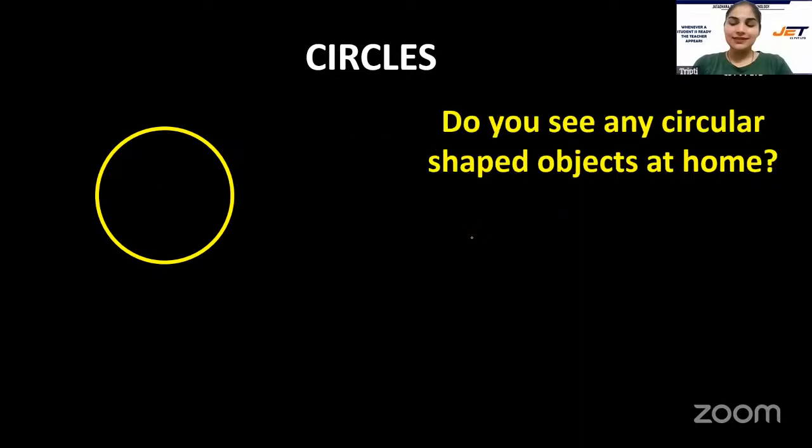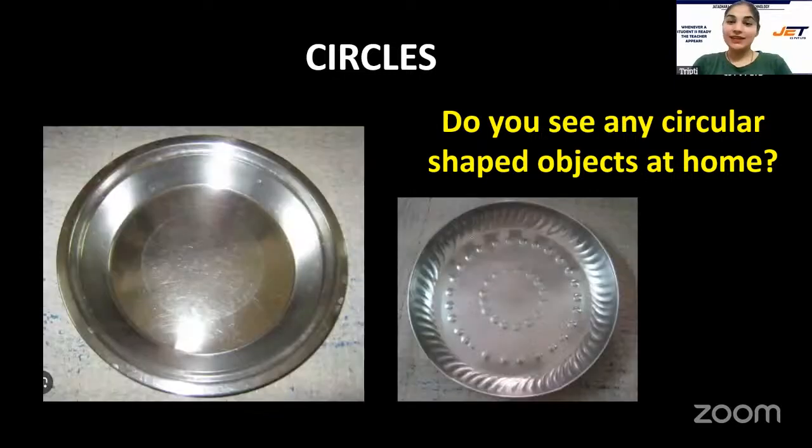Do you see any circular shape objects at home? Yeah, of course, we do see. So, what's the first thing? The clock, the plates, right? Even the watches, then the wheel. What else?